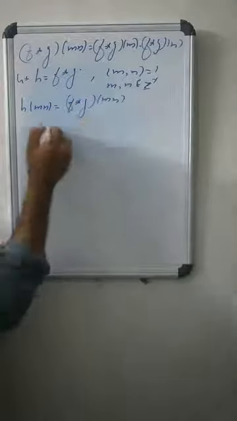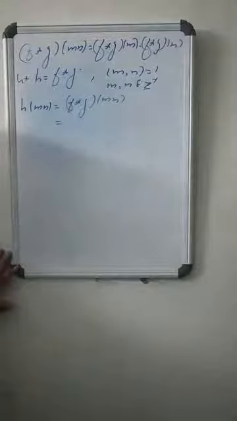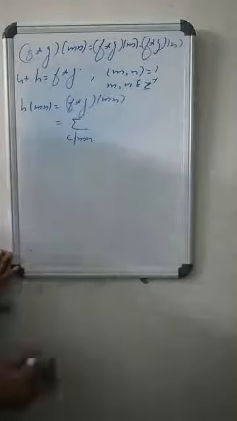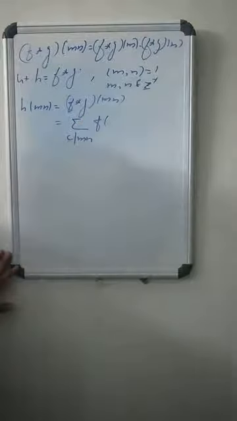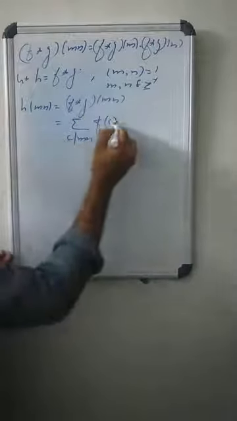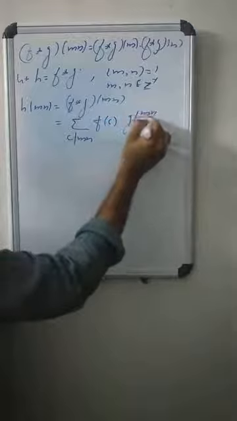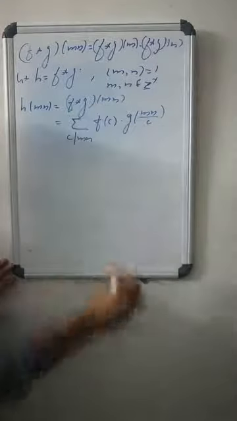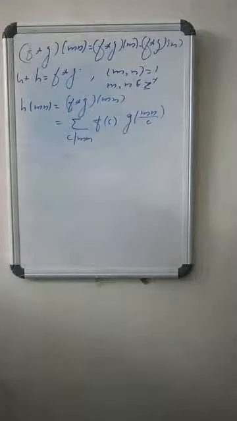Now by the definition of the Dirichlet product, it is the sum over c divides mn of f of c into g of mn by c. Agree? By the definition of Dirichlet product, f star g of mn equals the sum over c divides mn of f of c into g of mn by c.